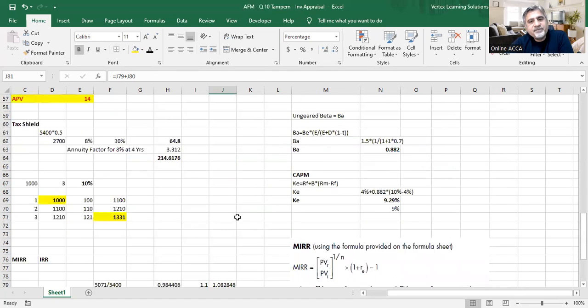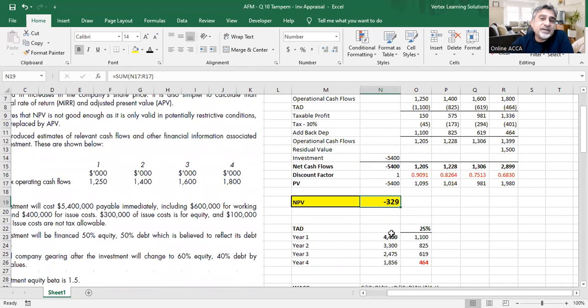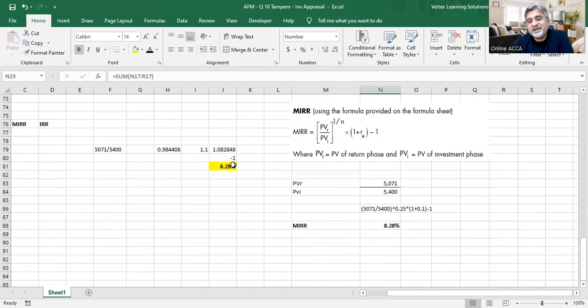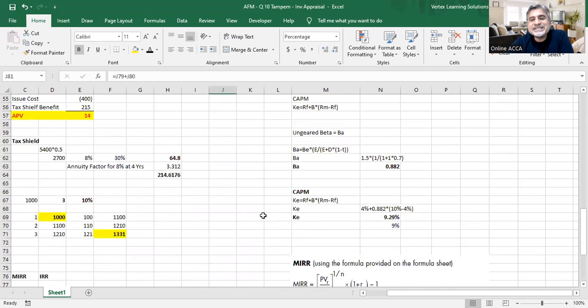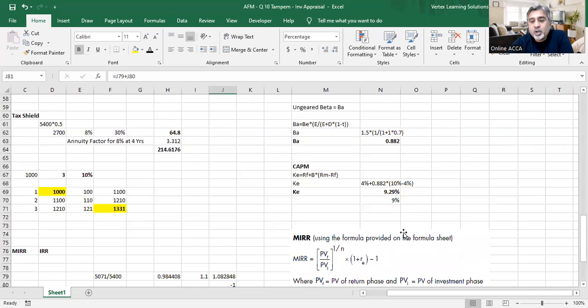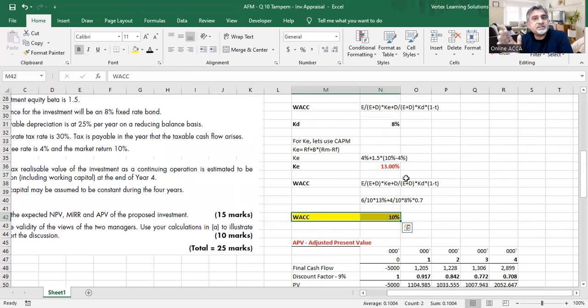Remember, when we said NPV, we said don't do it because it is 329,000 negative. And if I see IRR or even MIRR, it is 8.28%. It is less than the WACC. Your WACC was 8%. Your cost of capital was here somewhere 10%. 10% means that you have to pay something to the providers of debt and you have to give something to the providers of equity.